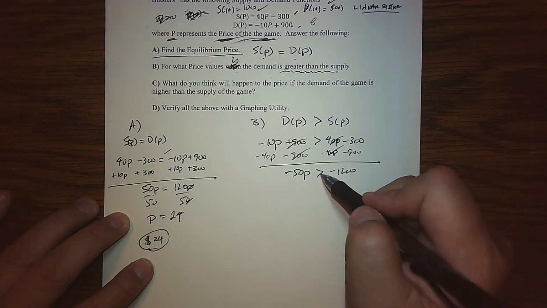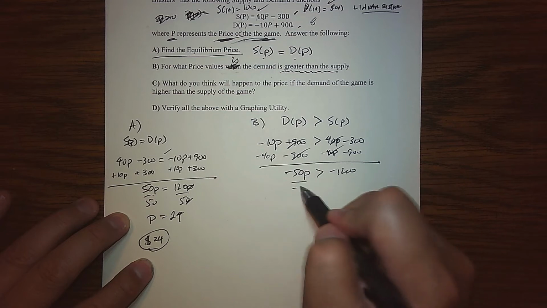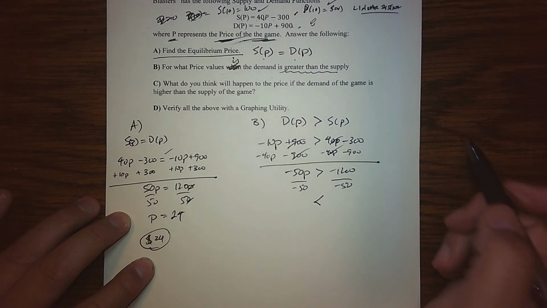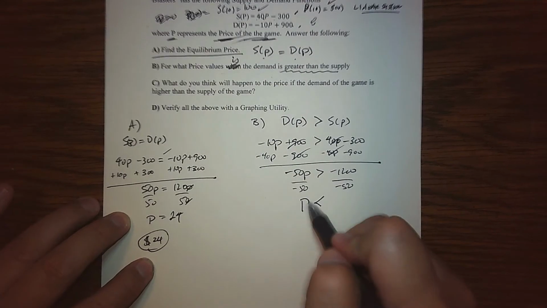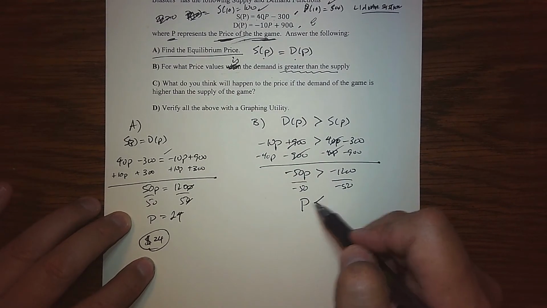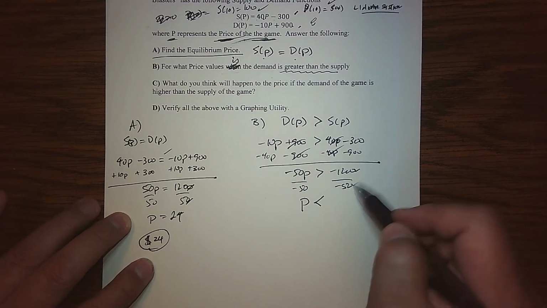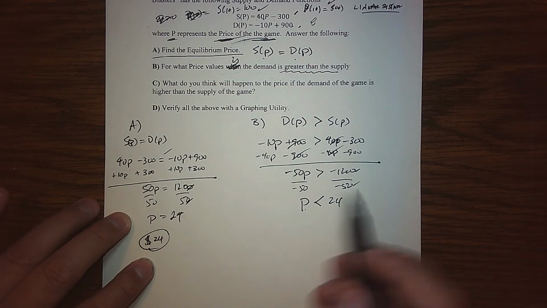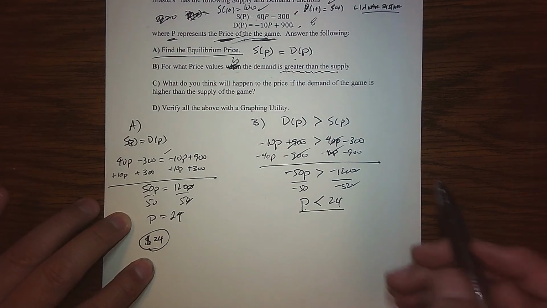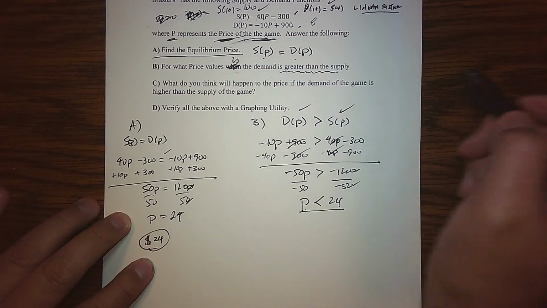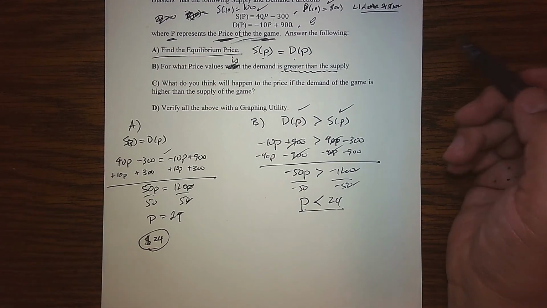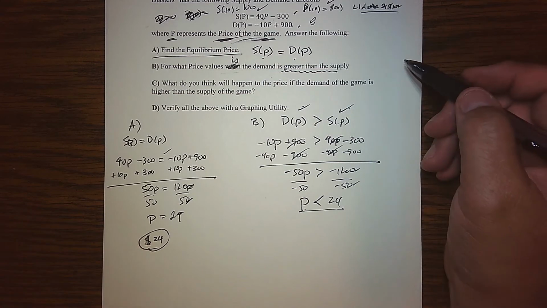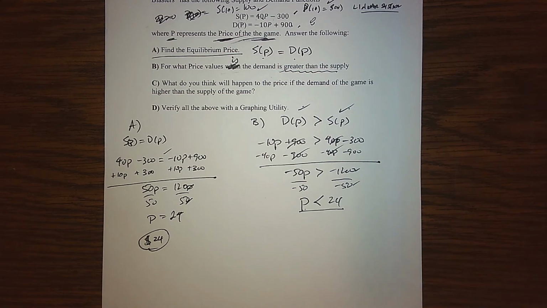Now, when we're solving an inequality, and I decide to divide by a negative like I'm doing here, hopefully your memory banks can remember that the inequality changes direction. So P is less than, and we've already done 1200 divided by 50 is 24. So if my price is below $24, my demand is going to be higher than my supply. There are more people wanting it than I actually have in the supply. Okay, so P is less than 24.